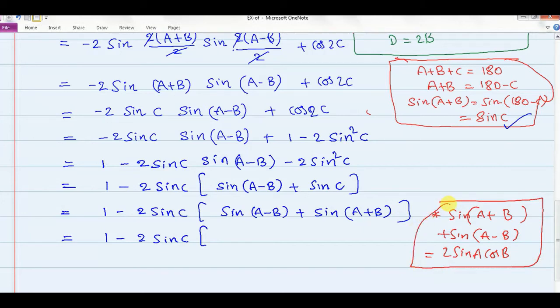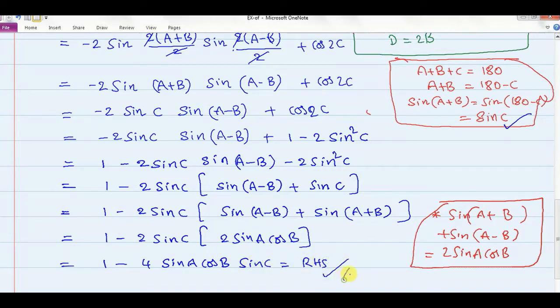So we have sin c, and already we did here, sin c means we can write sin of (a plus b). So next step, write down 1 minus 2 sin c of sin of (a minus b) plus sin c, meaning sine of (a plus b).